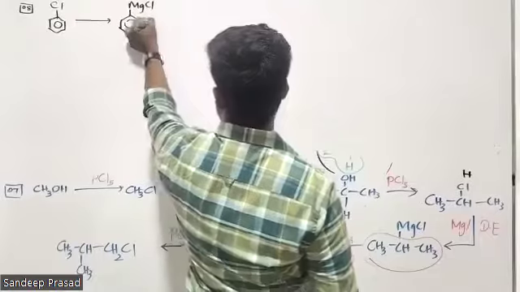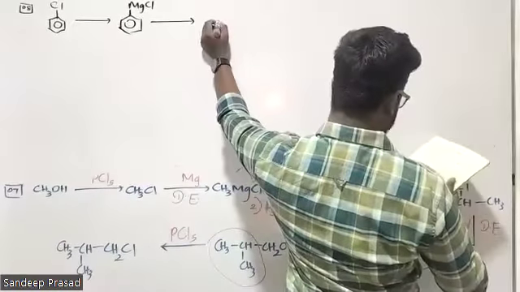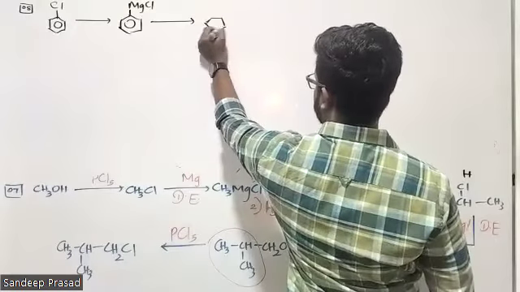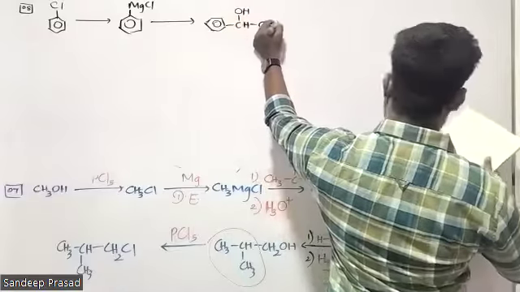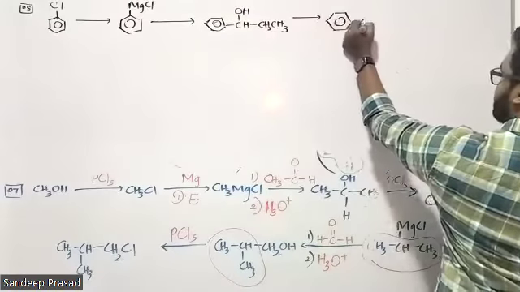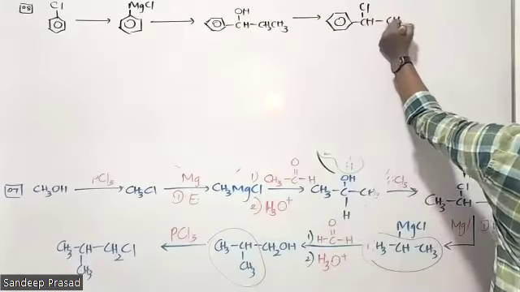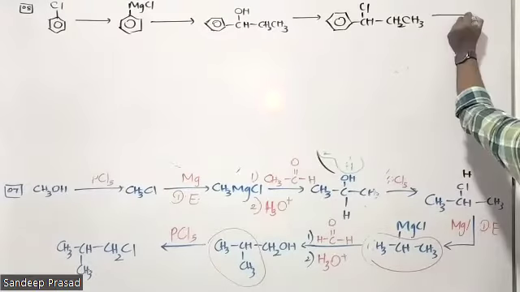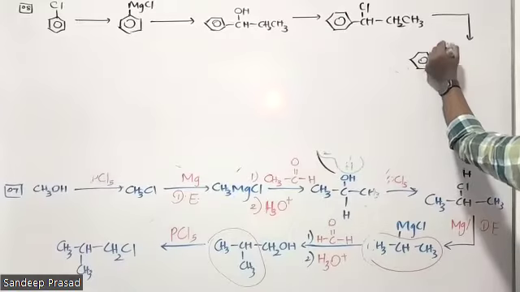Preparing the Grignard reagent and produce an alcohol like this. Converted into alkyl halide. Again, we are adding a compound to produce the Grignard reagent.